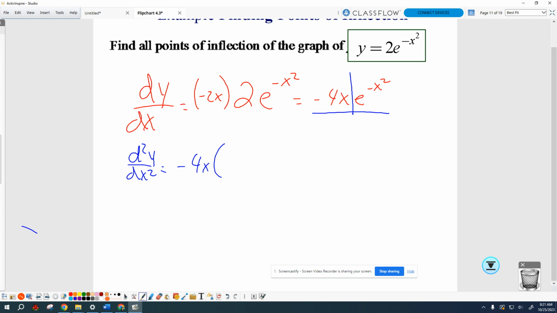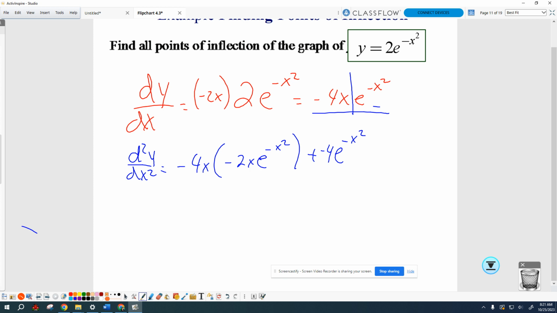Okay, so first times the derivative of the second, I gotta do it in pieces. I'm calling the first term negative 4x. So negative 4x times the derivative of e to the negative x squared is e to the stuff times derivative of stuff, plus second times the derivative of the first.